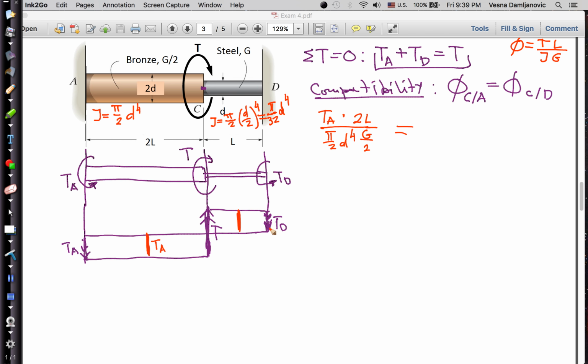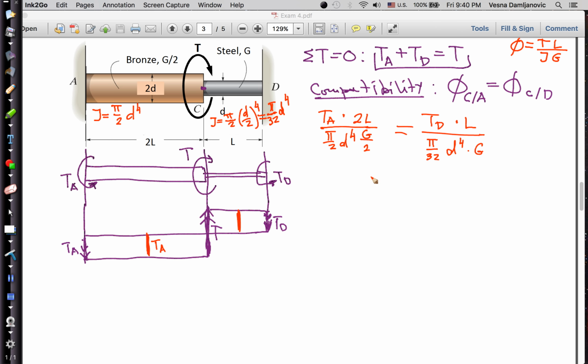What is the torque there? It's TD. So I'm going to write TD times the length is L. The J is this guy here, which is pi over 32 D to the 4th, and then times G, which is just G. Okay, some things are easier, some things are harder.